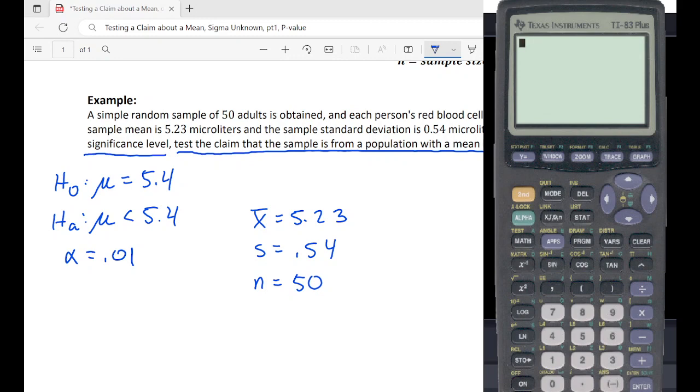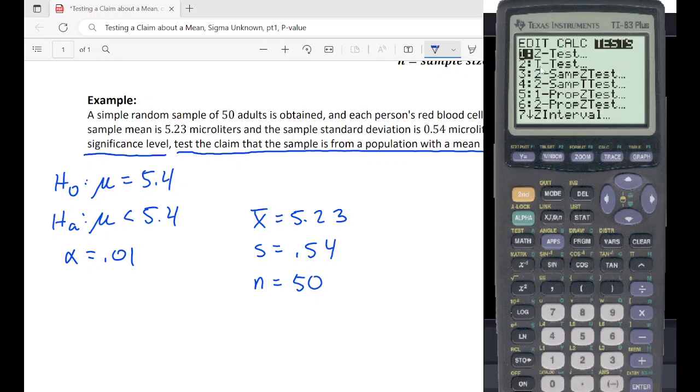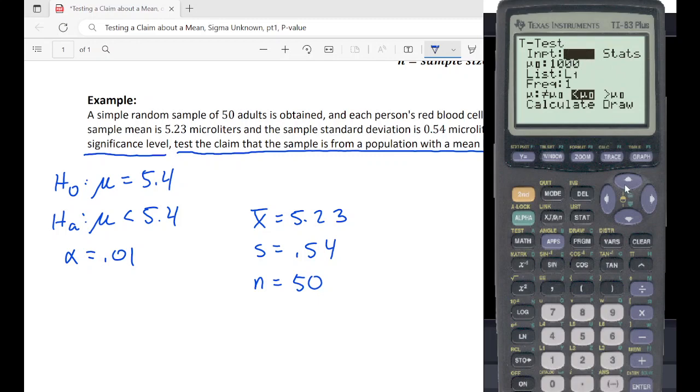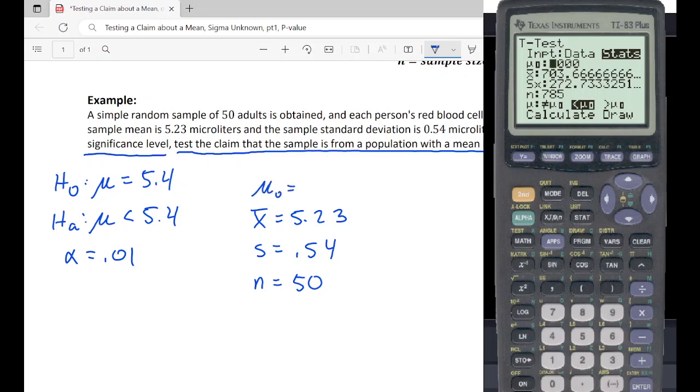So here's our calculator. We are going to go to Stat, Tests, and we want number 2, T-Test. Since we have statistics and not just raw data, we're going to go over to Stats, hit Enter, and our mu naught is going to be from our hypothesis, so 5.4.